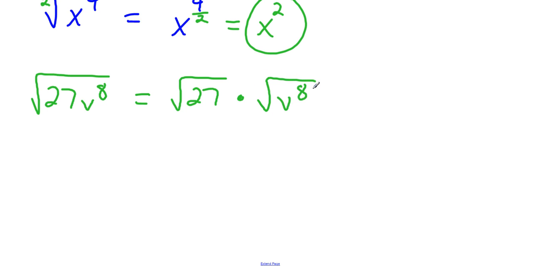And for me, the easiest way to think about it, if you have 27 times v to the 8th, is to go ahead and separate those two. Just do square root of the number, and then turn around and do the square root of the variable.